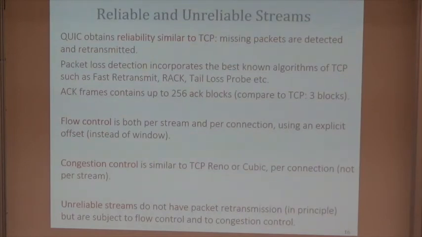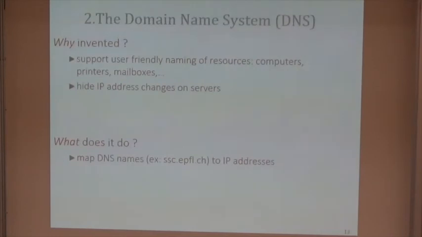When QUIC has stabilized a bit, perhaps in the next edition of this course, I will put it in the transport layer. So lots of things are in flux, and many people conjecture that QUIC will largely replace TCP in the coming years. The good news is all the elements of QUIC are exactly the same as TCP, except for the fact that there are multiple streams per QUIC connection.